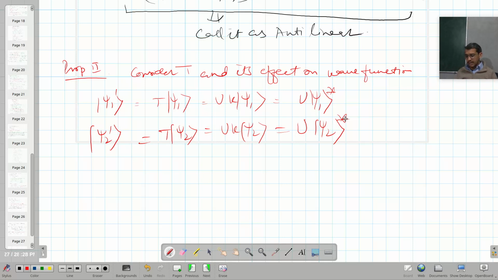So now consider their scalar product, psi 1 prime and psi 2 prime.